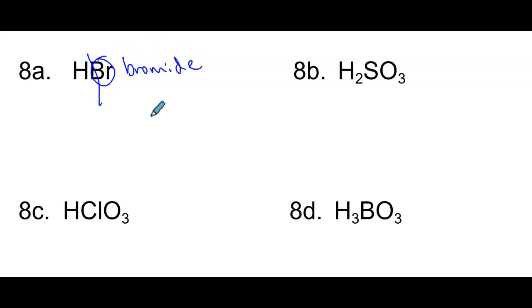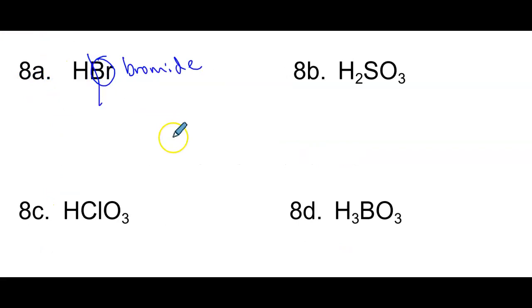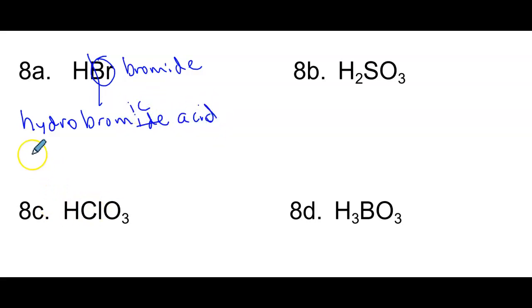So bromides, if you recall, we said ides go to hydro-ics. So you put hydro in the front, and then you put bromide, but you get rid of the ide and you add ic, acid. Okay, so hydrobromic acid.